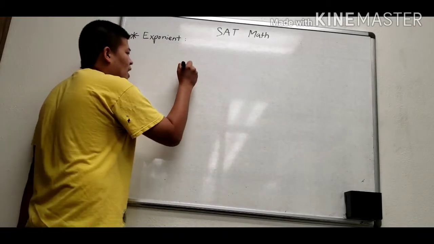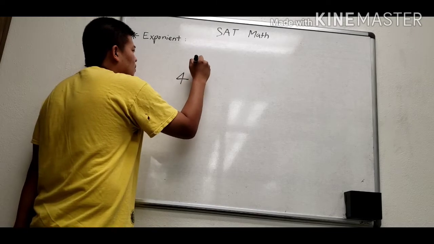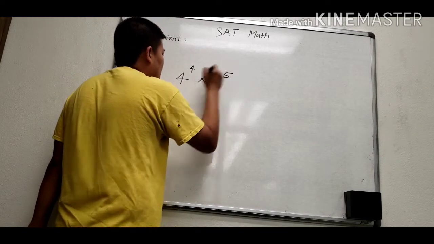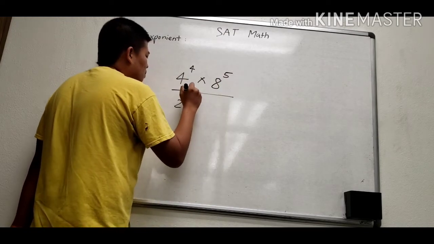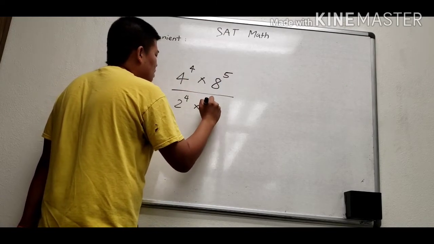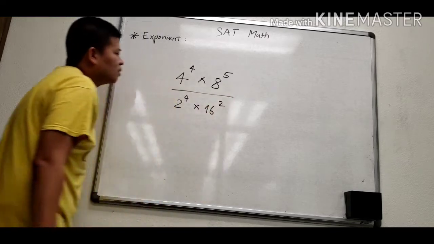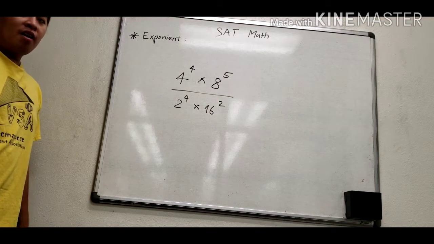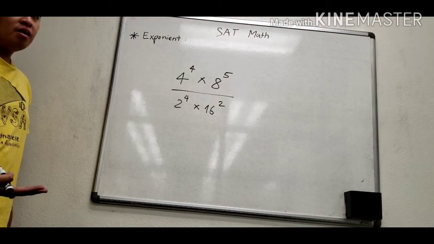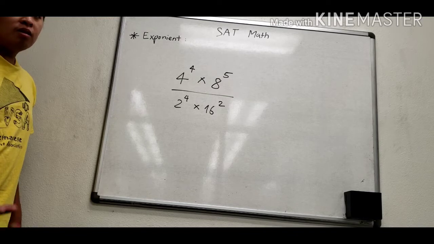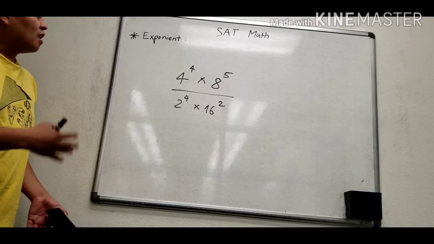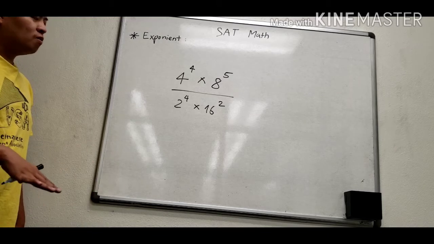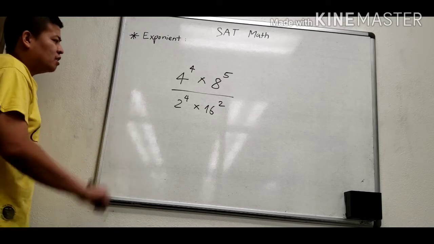For example, we have 4 power 4 multiplied with 8 power 5 divided by 2 power 4 multiplied with 16 power 2. In here, you can see that they have different kinds of base number and they have different power. So you can see that if you want to do SAT math, you need to figure out how to analyze the number in the base.